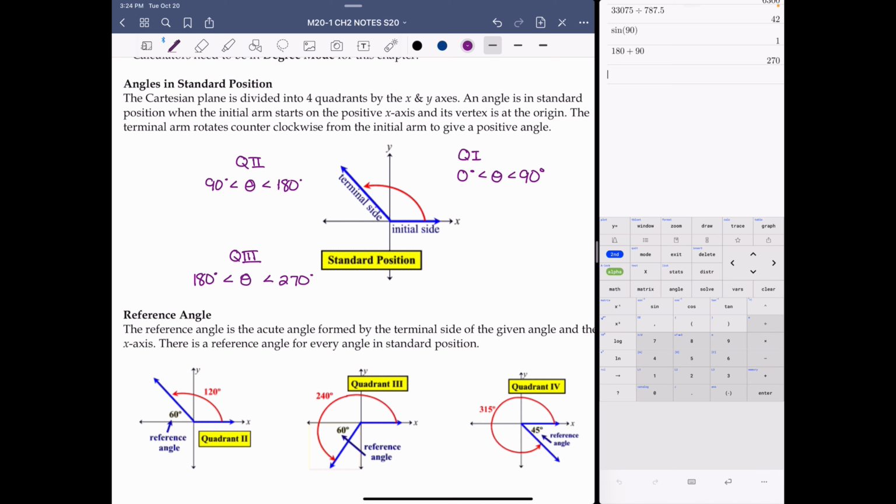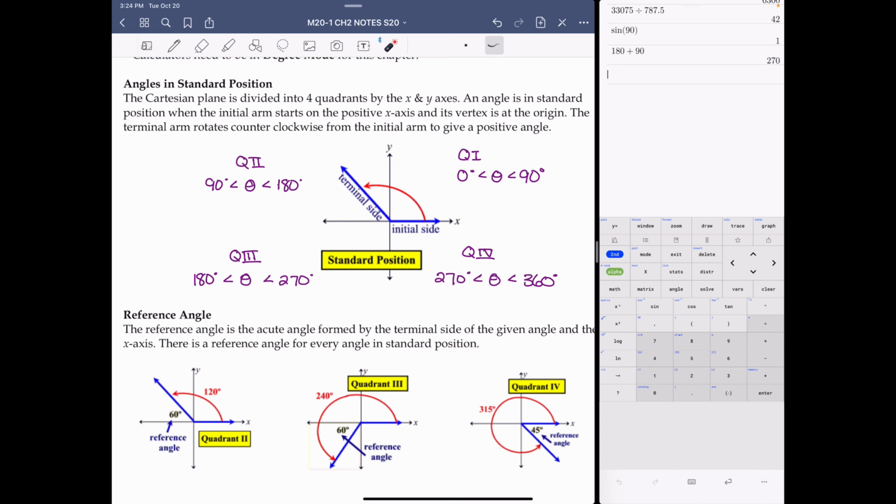And then quadrant 4 would start at 270. Angles in quadrant 4 would be greater than 270 degrees, but less than 360 degrees, which is all the way around. The x-axis would be 360 degrees, just like the degrees in a circle.